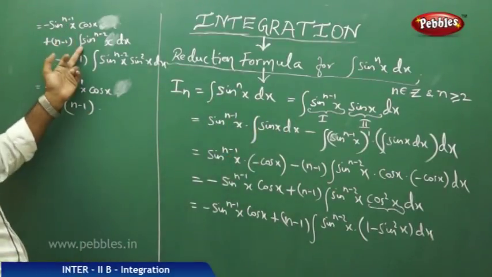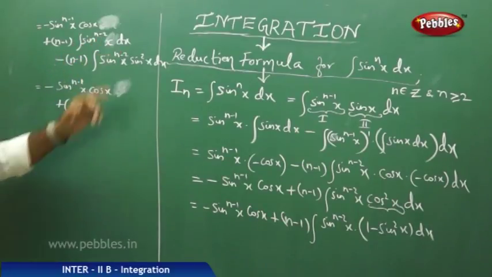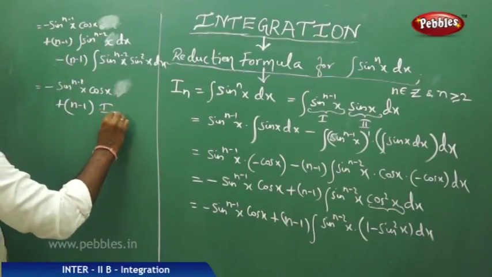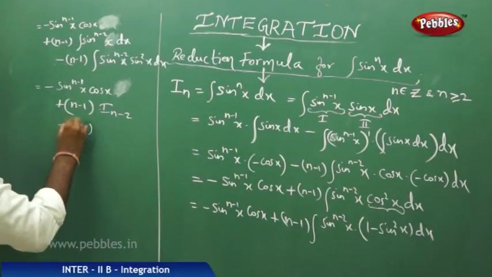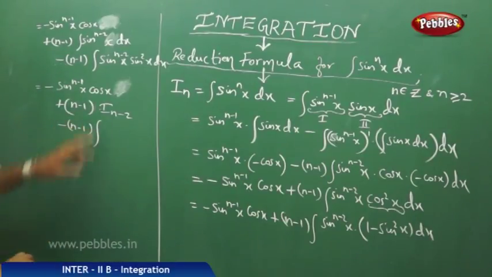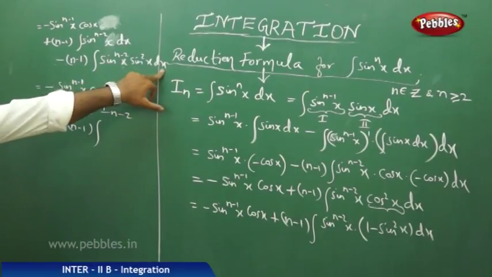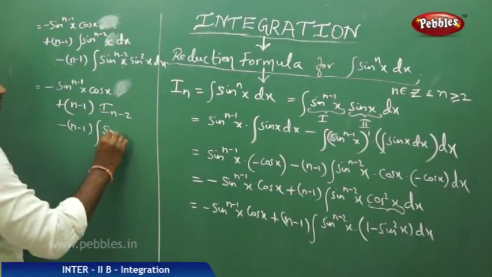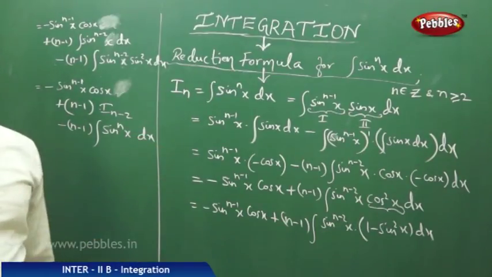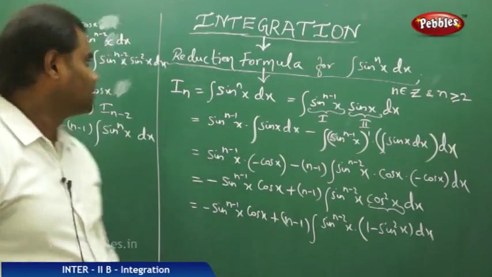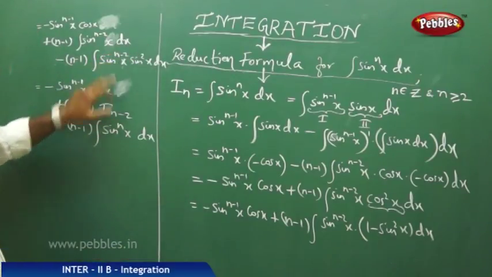So the integral of sine power n minus 2 x dx will be I n minus 2, and this would be n minus 1 times sine power n minus 2 into sine square, which is sine power n using the laws of indices. A power m times a power n is a power m plus n. So n minus 2 plus 2 cancels and n is remaining.